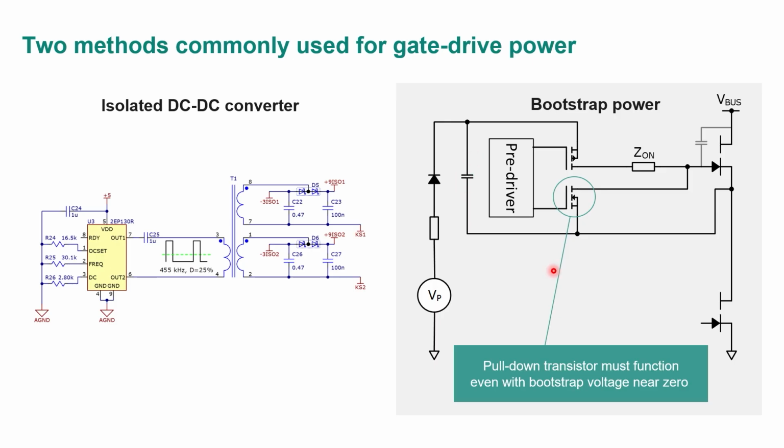So this is when the low side is on. When the high side is on, this is then reverse biased. Energy is stored here, and it provides power for my gate drive circuit. It's a nice, easy, low-cost way to provide power for the high side, and it's used commonly with traditional silicon or even silicon carbide designs.